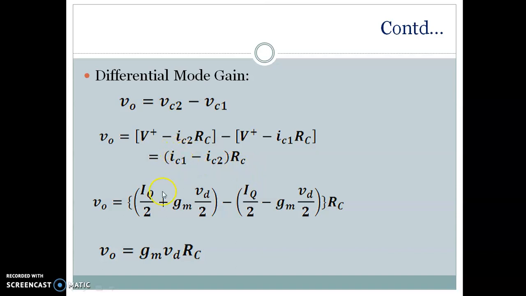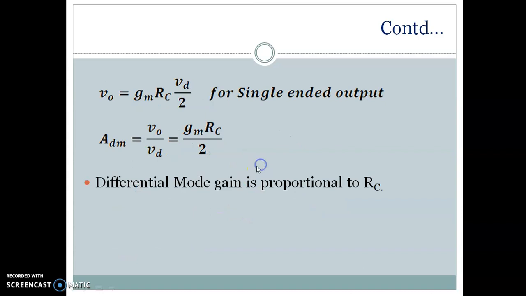But what is IC1? Over the bias current, it changes by GM VD by 2. And your IC2 over the bias current changes by minus GM VD by 2. So the difference of that is nothing but GM VD into RC. So your ADM is now depending on your RC value.